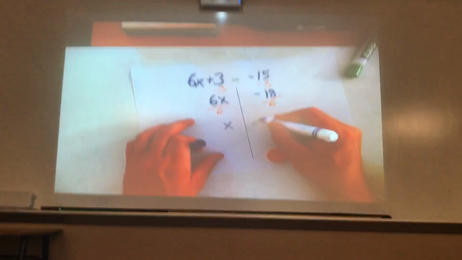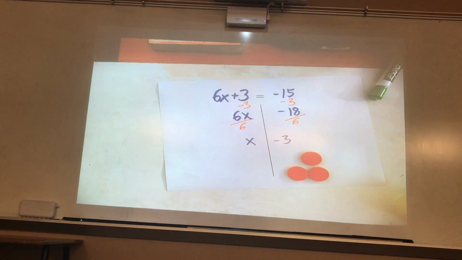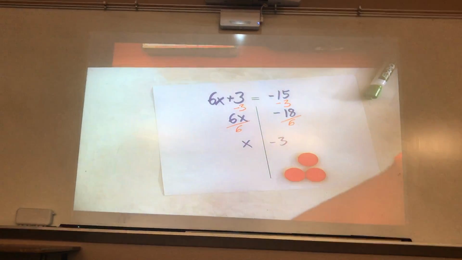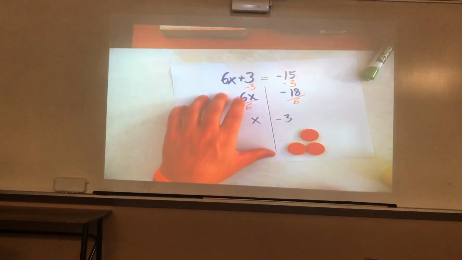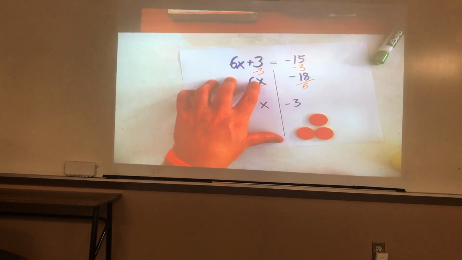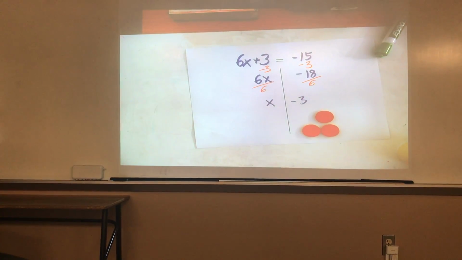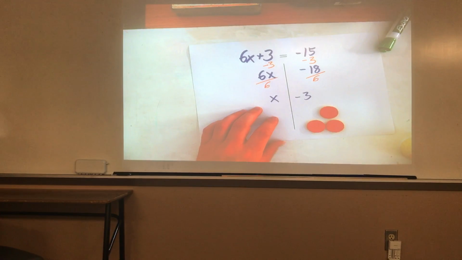X equals negative 3. The reason why we get a negative 3 is because 6 times a negative 3 would be a negative 18. So that's how you would get your answer to check it, to make sure that you had the right answer.